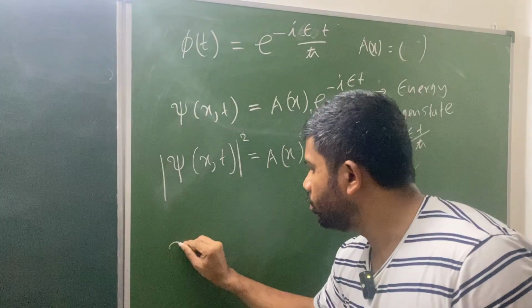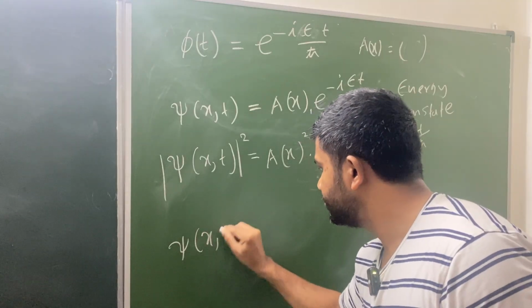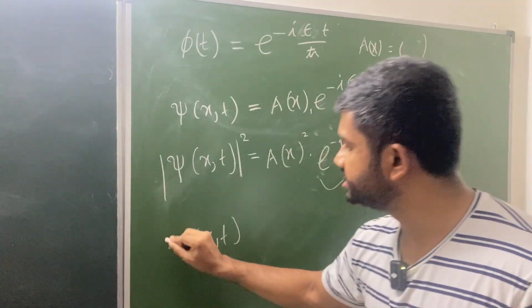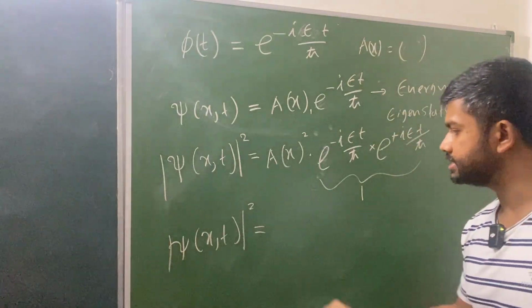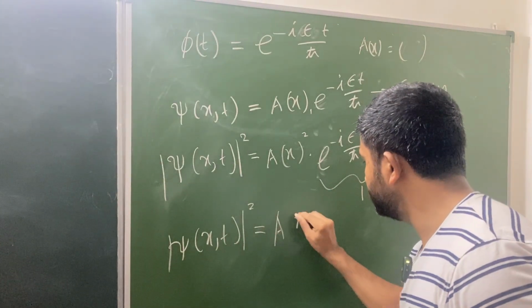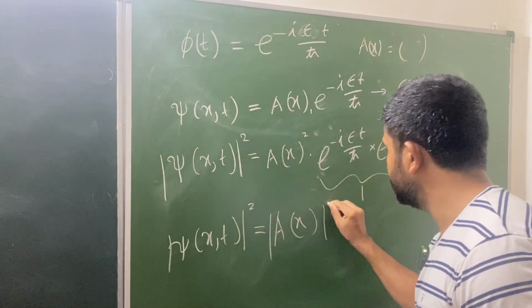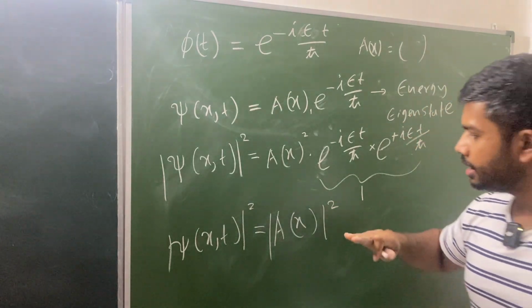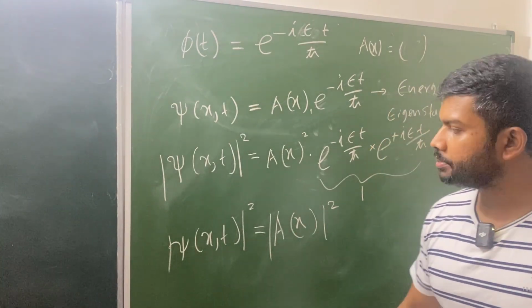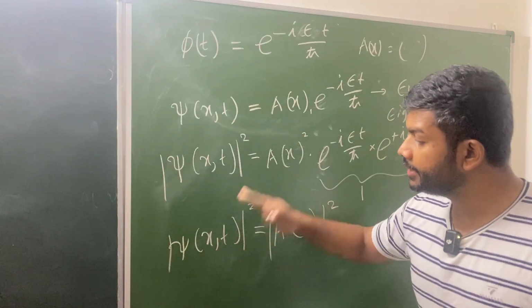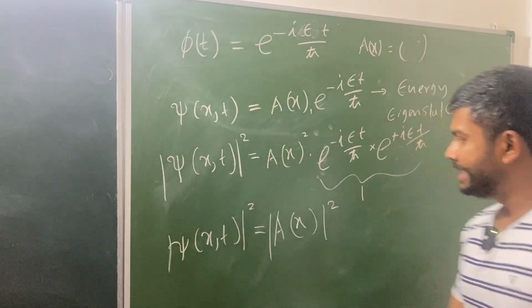Now I want to tell you one important thing. If this is an energy eigenstate, guys, the probability density depends only on the spatial function. So the probability density doesn't depend on time.